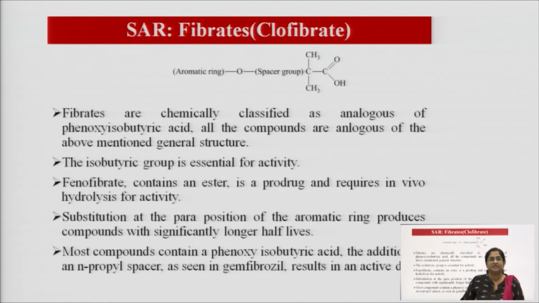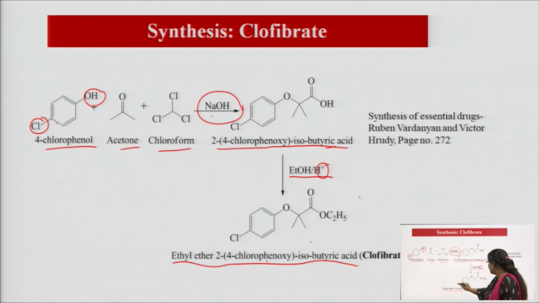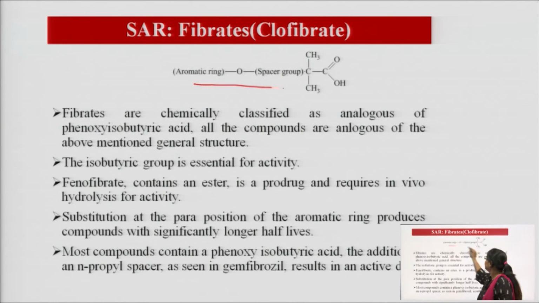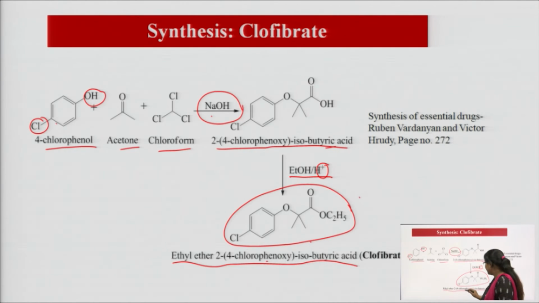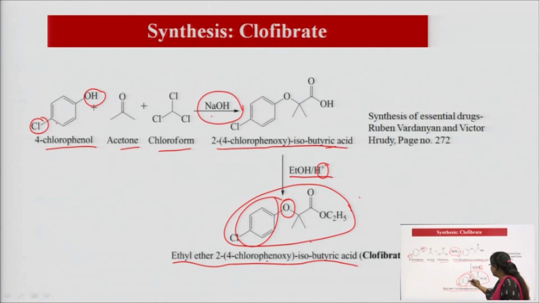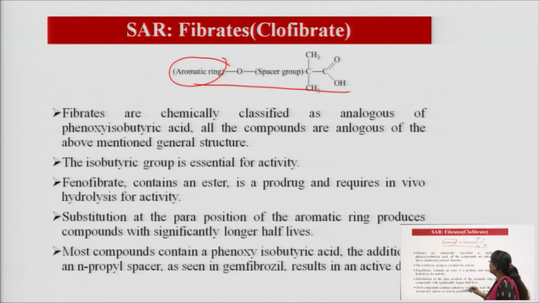Now, SAR, let us see the chemistry of clofibrates. The general structure you can see here, this is the structure of clofibrate. It is very easy to understand. This is the aromatic ring connected with an oxygen bridge.